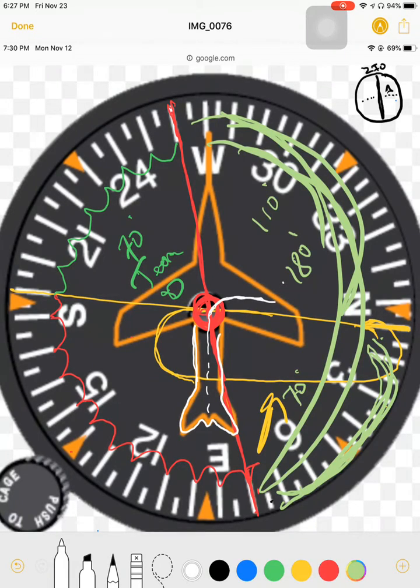You have to go outbound on the heading of 010 for 1 minute as published. Then you're going to start your turn, not 180 degrees but 235 or 240 degrees, so you can intercept this radial, bearing of 190, go toward the VOR, pass the VOR and establish on the hold. Again, 5Ts.